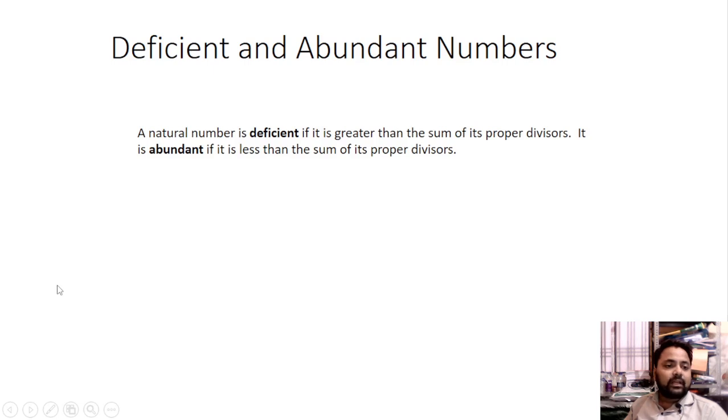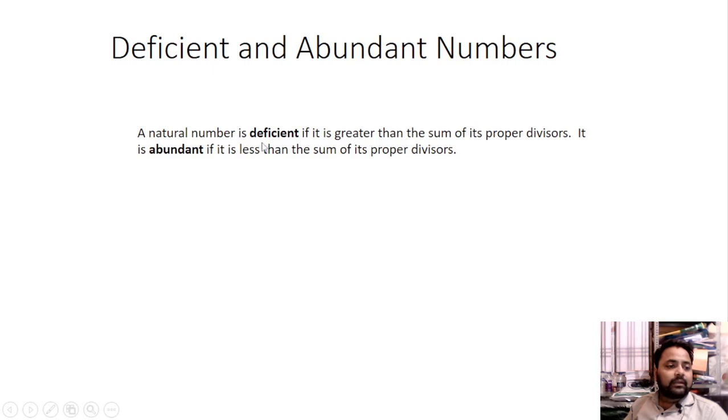The deficient and abundant numbers. A natural number is deficient if it is greater than the sum of its proper divisors. It is abundant if it is less than the sum of its proper divisors. We are just reviewing again.